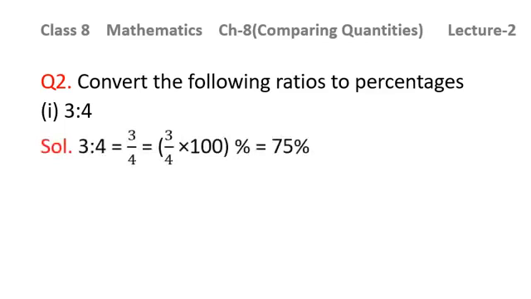So how will we do it? 3:4 can be written as 3 over 4. Then I need to convert it into percentage. So I will multiply it by 100%, and after solving and cancelling out, the answer will be 75%. The second part you are supposed to do on your own. I hope you will be able to do that part.